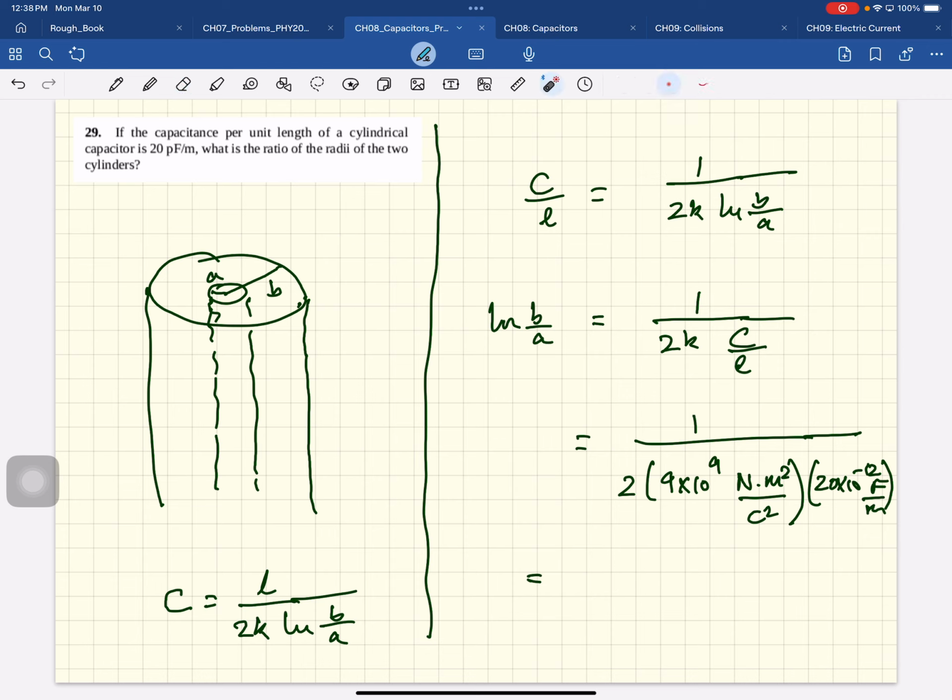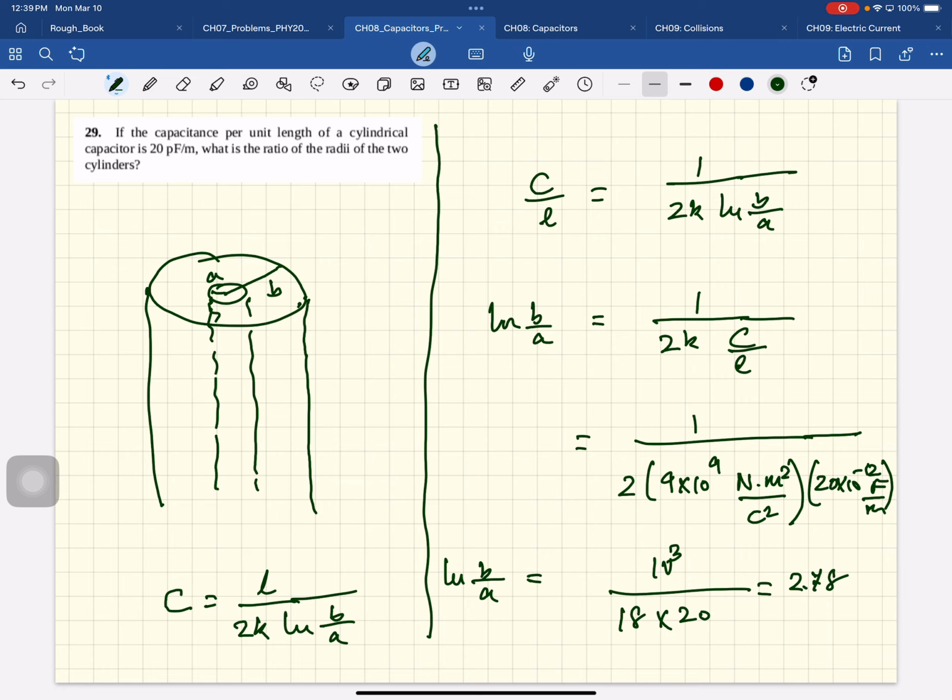So let's take care of powers of 10. That's 10 minus 3. That comes to the top. So this works out to 2.78. Okay.